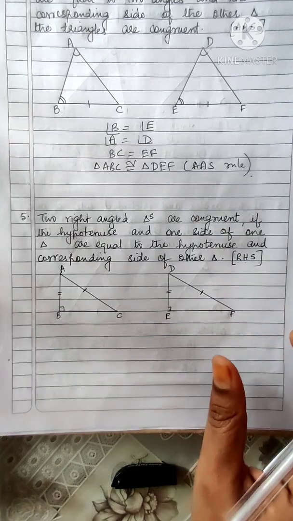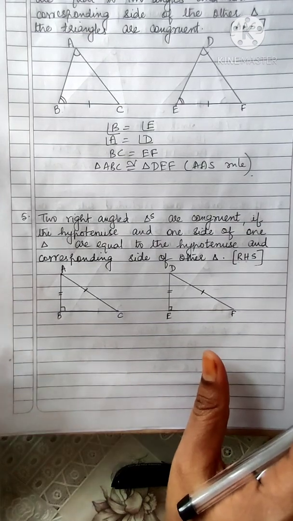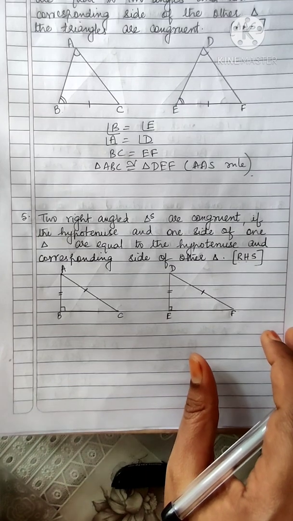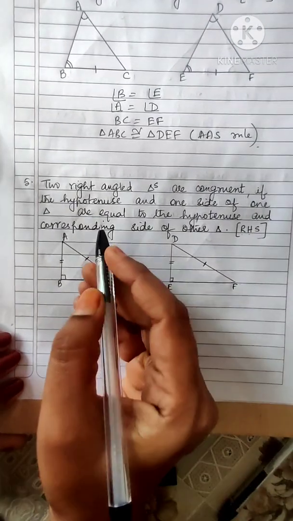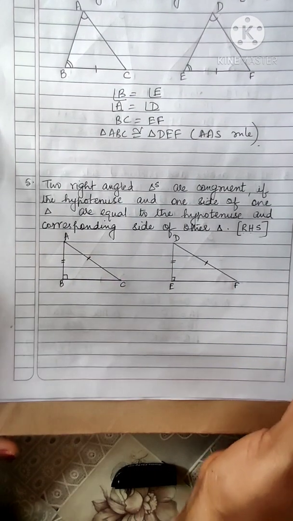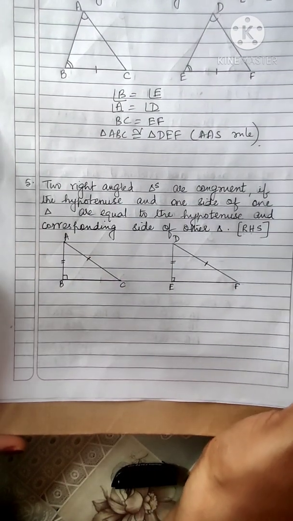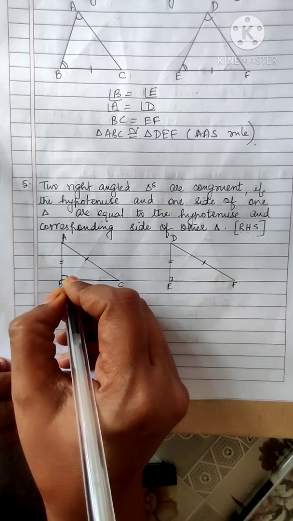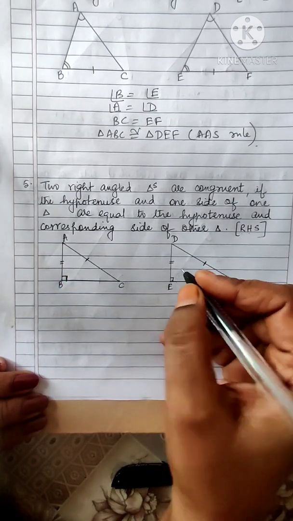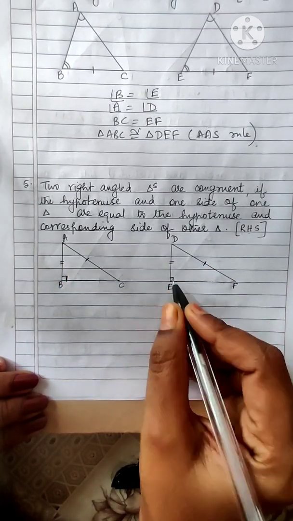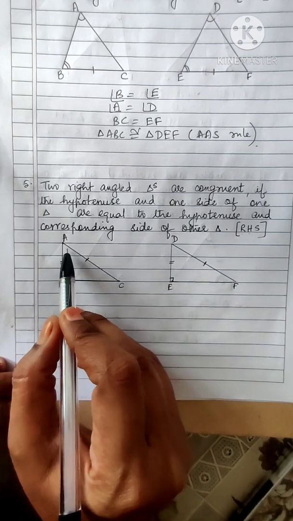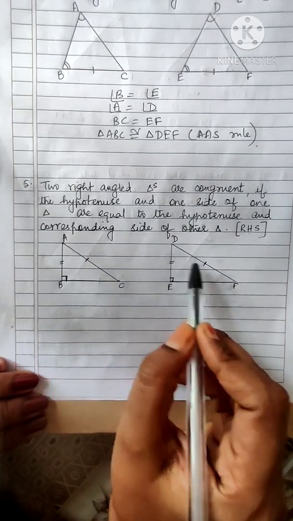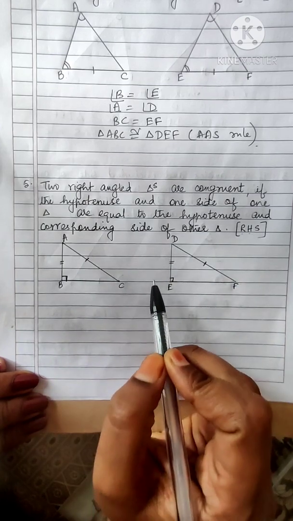So whenever you have to apply this rule, you make sure the two triangles which you are comparing should be right angle triangles. Now you have two right angle triangles. One is triangle ABC, which is right angled at B. The other one is triangle DEF, which is right angled at E. Now the most important thing is hypotenuse should be equal.